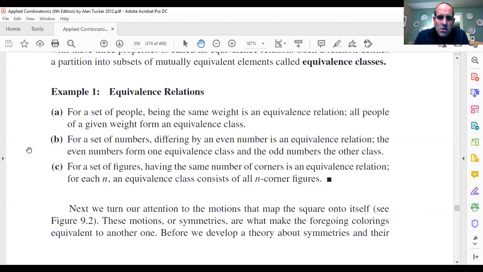So what that tells you is there are exactly two equivalence classes here, the odd numbers and the even numbers, okay? But that's if we're talking about integers. For a set of figures, having the same number of corners is an equivalence relation for each n. So those are just a couple of basic examples, okay?